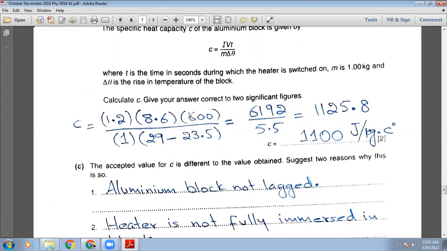So when you multiply these numbers upstairs with each other, you get 6192 divided by 5.5. So 6192 divided by 5.5 will be 1125.8. But they ask you to give the answer in two significant figures. So we write 1100 joules per kg per degree centigrade.